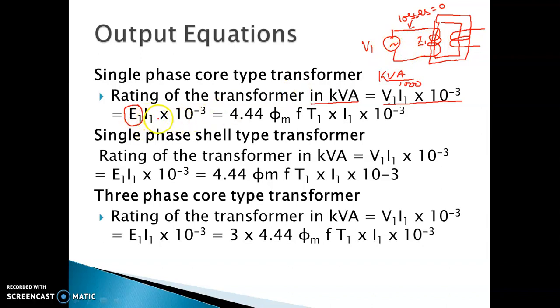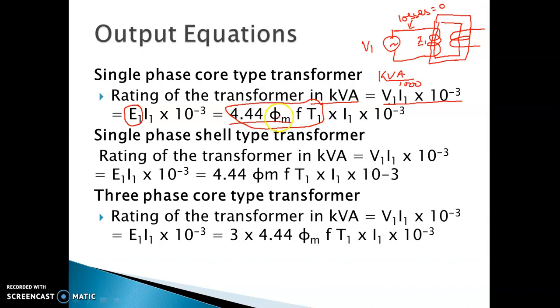So E1 multiplied by I1 into 10 to the power minus 3, and E1 is 4.44 phi m multiplied by the frequency multiplied by the turns on the primary side. So this is the equation for E1, the primary induced EMF in the transformer.